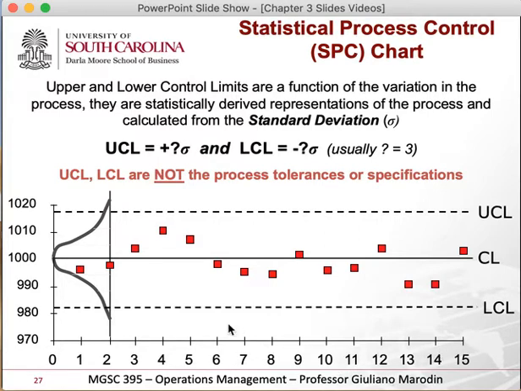So I took, let's say, a sample of 5 observations 15 times. And let's say that this is the mean of each one of my samples. You can see that I have some references here that we're going to learn how to calculate: the upper control limit, the lower control limit, and the central line.